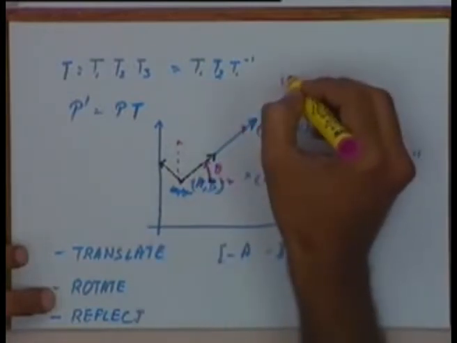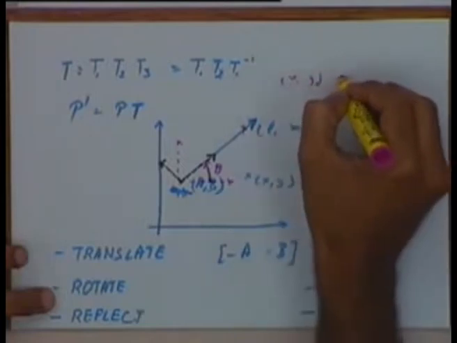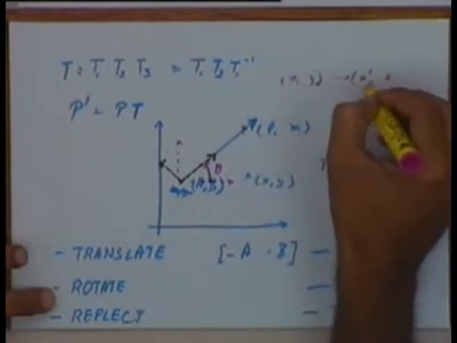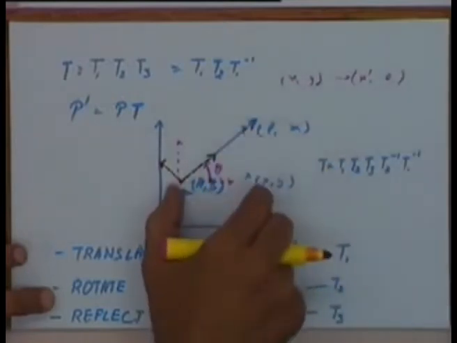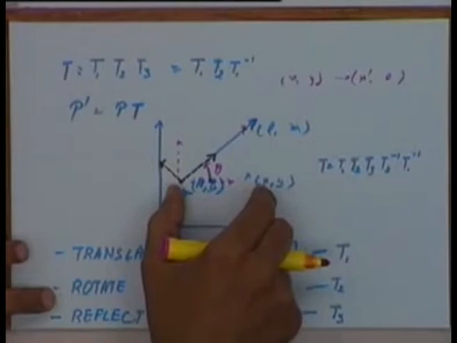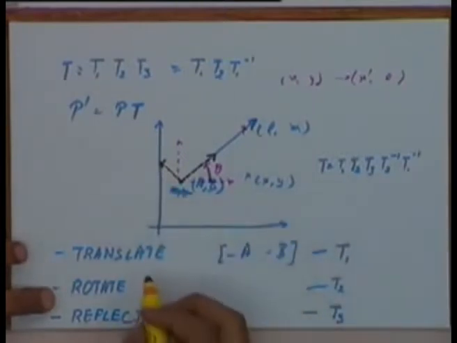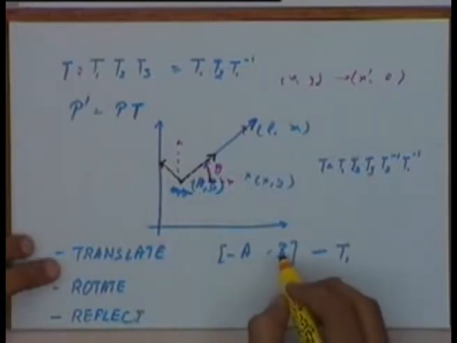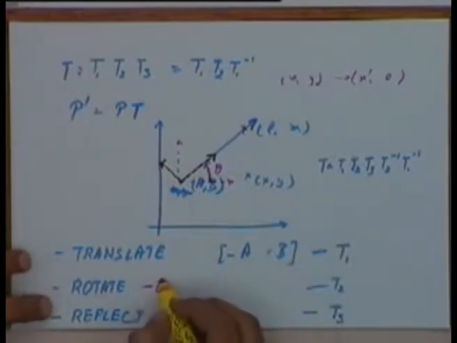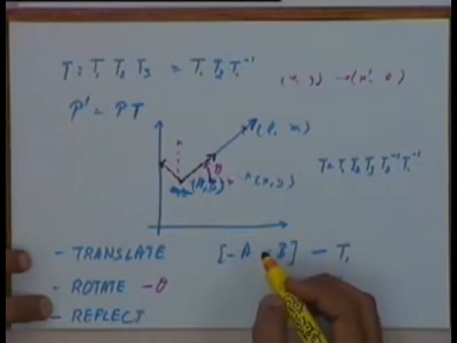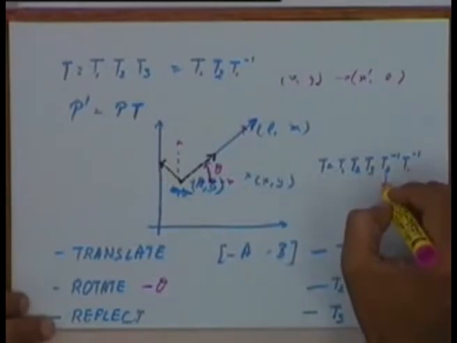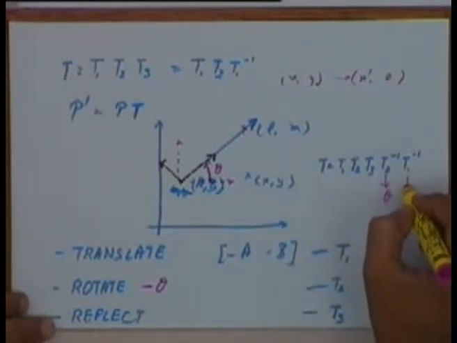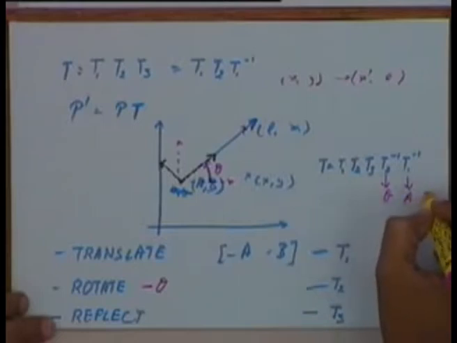This point which was earlier xy should now become, let's say, some x prime 0. That will be obtained when I am rotating by an angle of minus theta. Similarly, translation we have done by minus a, minus b, the rotation will be by minus theta. In T2 inverse, here we will have rotation by theta and translation by AB.